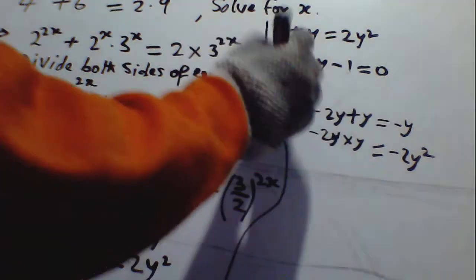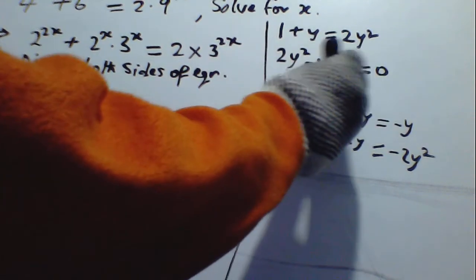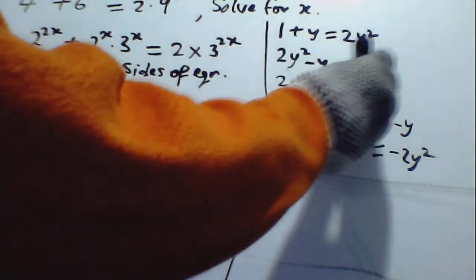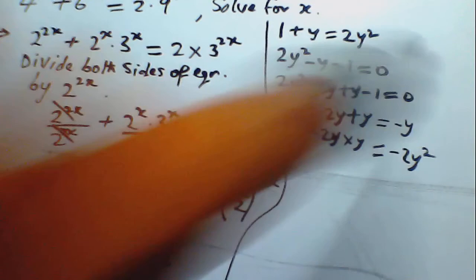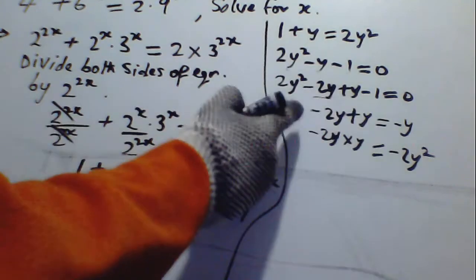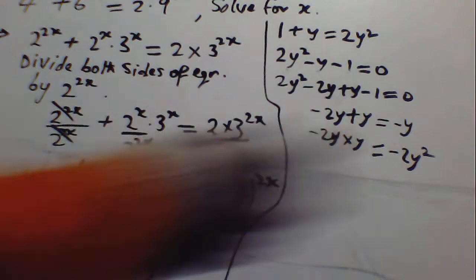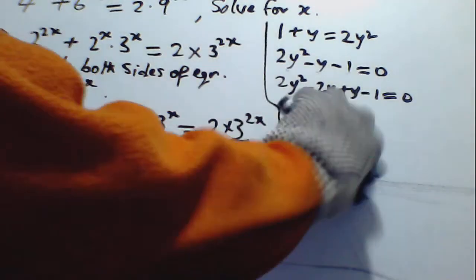Replacing it, we have 2y squared minus 2y plus y minus 1 is equal to 0. So let's continue.